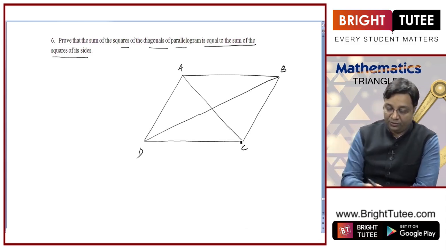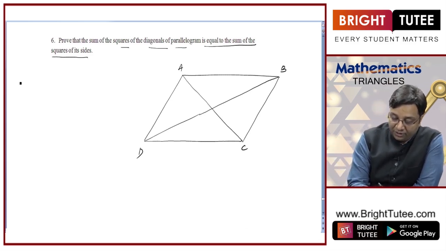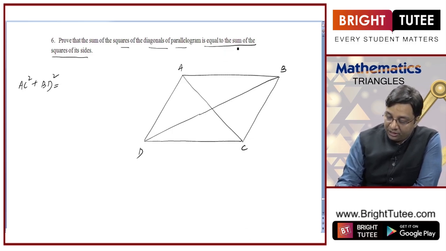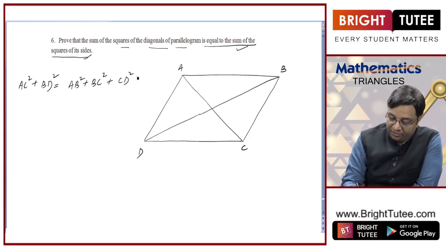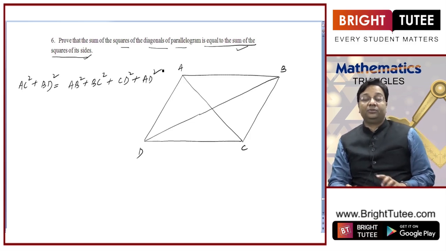So what I need to prove here is that the sum of squares of diagonals, that is AC square plus BD square, is equal to the sum of the squares of its sides. So the sum of squares of its sides means AB square plus BC square plus CD square plus AD square, right?